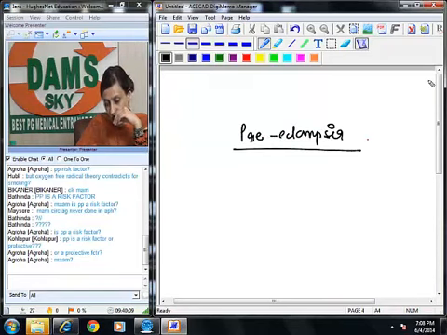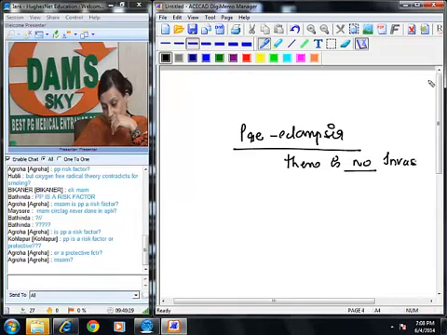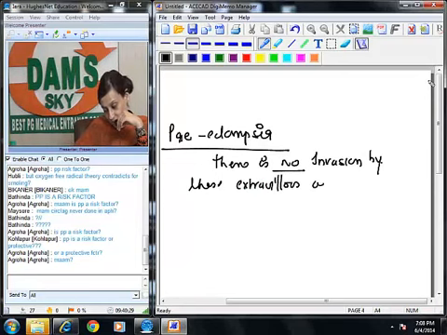In patients who develop preeclampsia, it is seen that there is no invasion by these extravillous cytotrophoblasts.